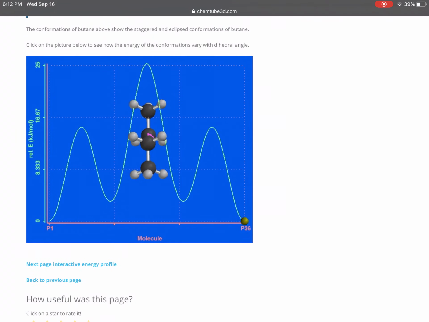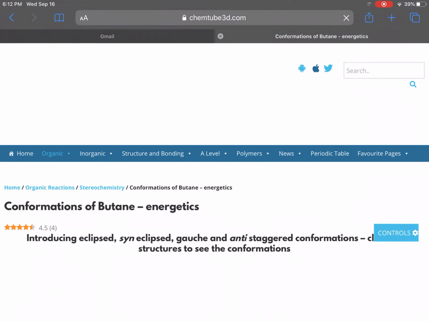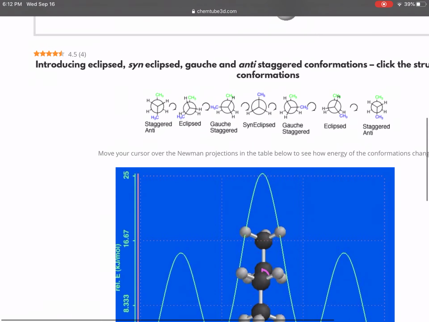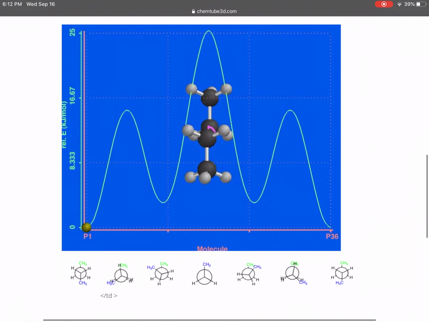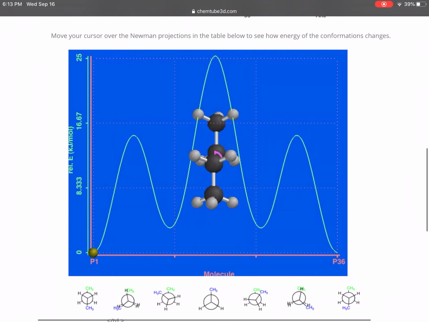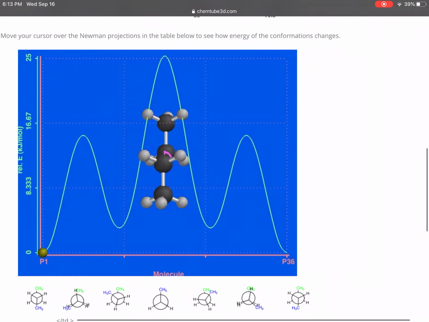Whoops. This is not the interactive one. Let me move on. I want the interactive one. Darn it. Okay. So here, staggered anti, very low energy. Now, I rotate that. This is supposed to be interactive, damn it. It's not being very interactive.